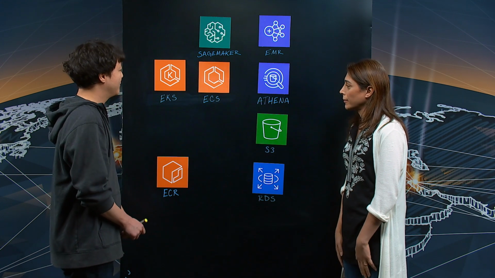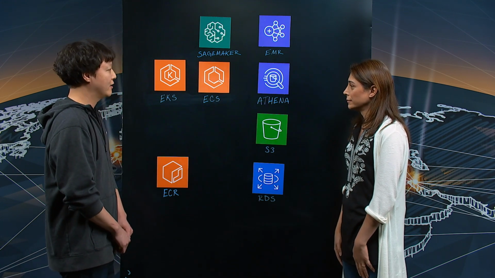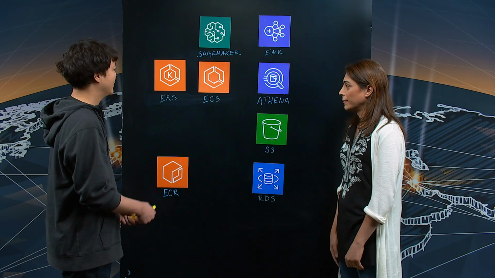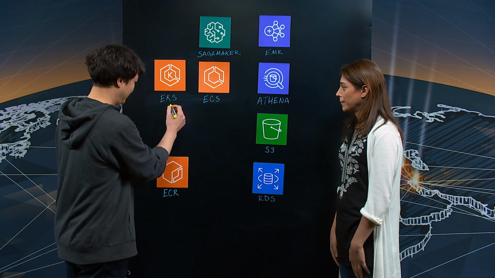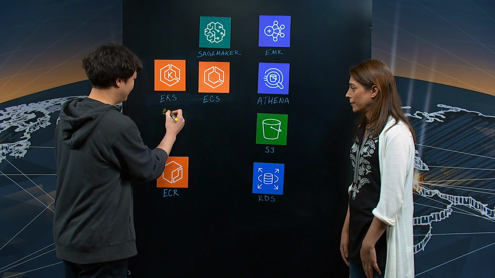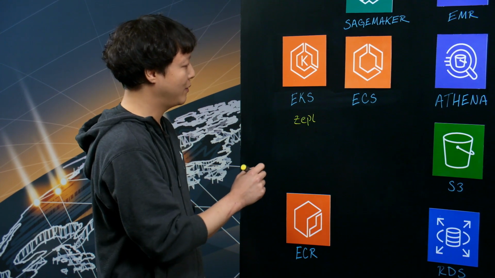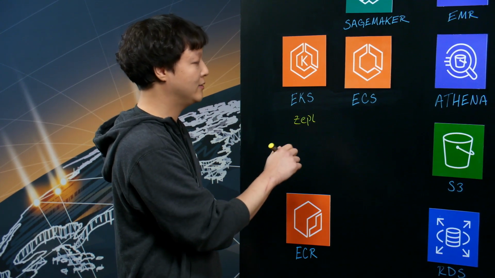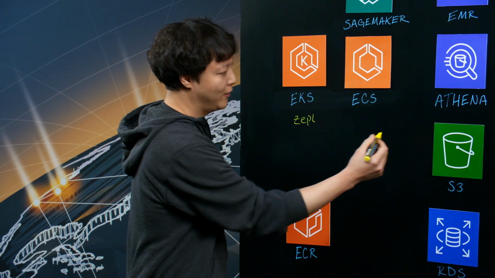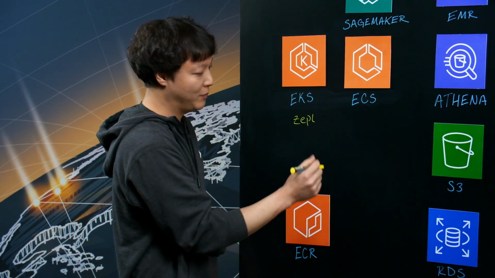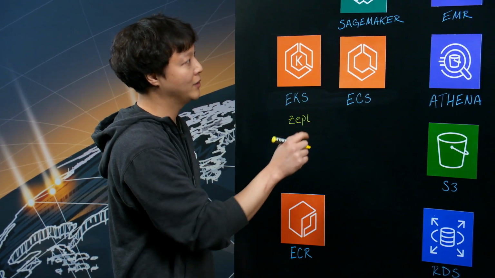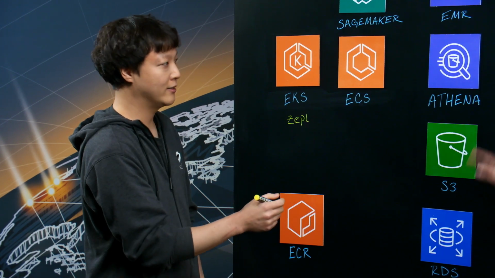So first thing you need to do is connect to your data. Zepl is running on EKS. Our entire service component is running on Kubernetes, and Zepl can connect to multiple data sources like Amazon Athena, S3, or RDS. Right.